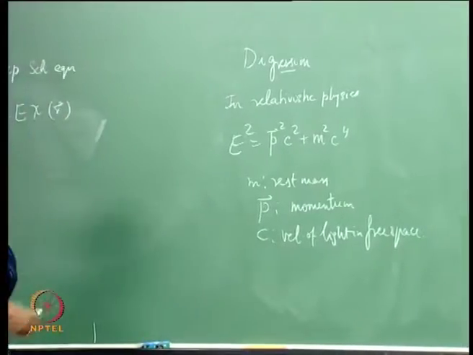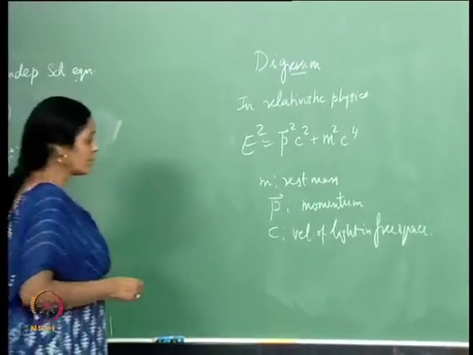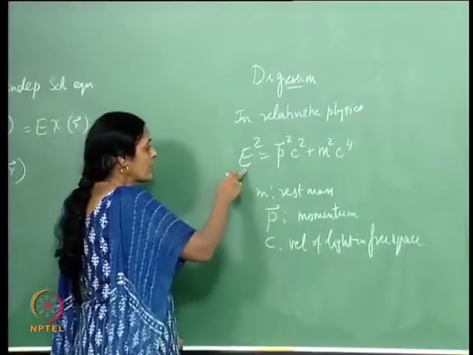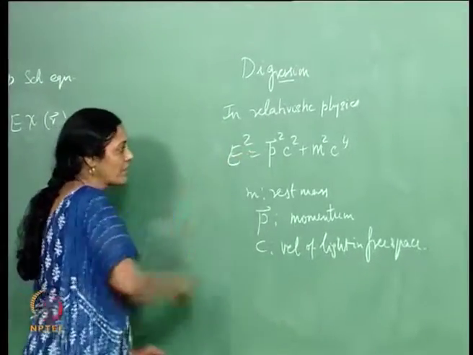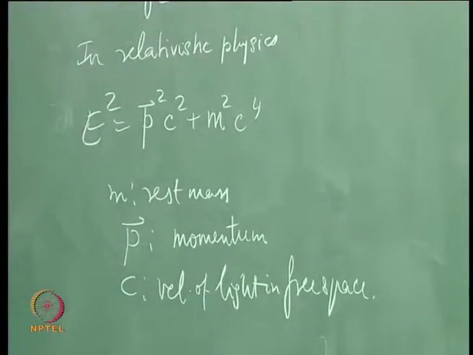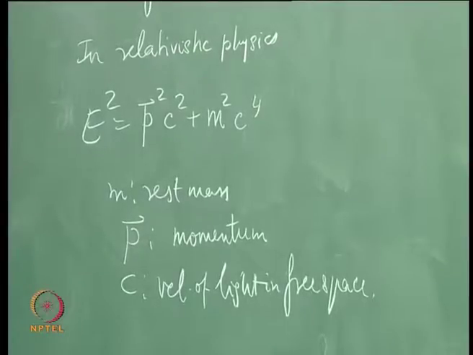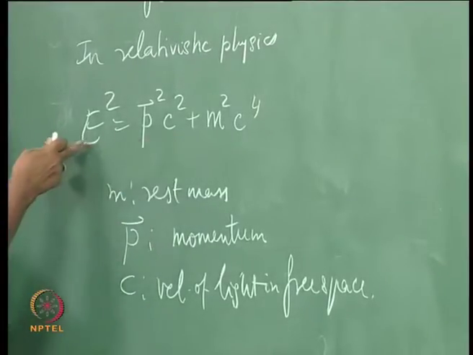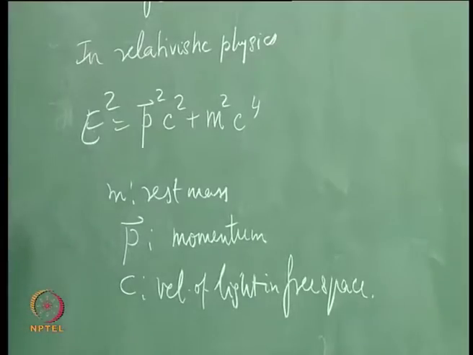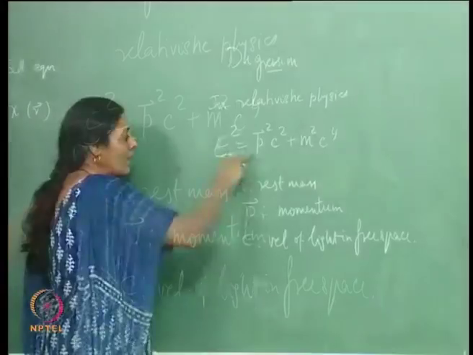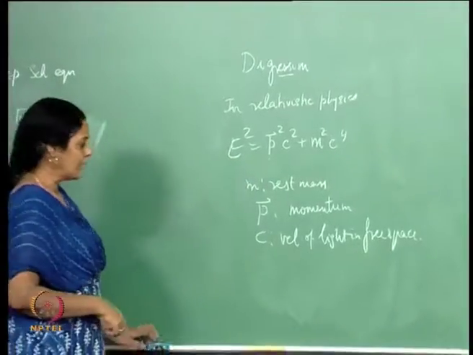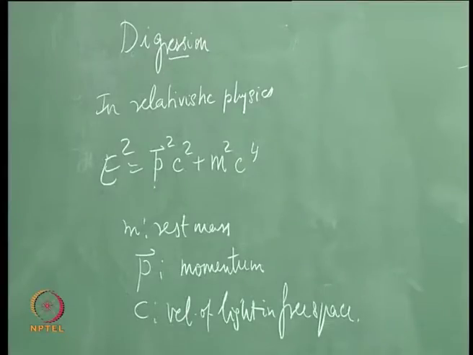E squared is p squared c squared plus m squared c to the 4. So given this, if I want to do the quantum mechanics of an object which is traveling relativistically, then I take this expression and I write i h cross delta by delta t for E and minus i h cross del for P. So that gives me the following.